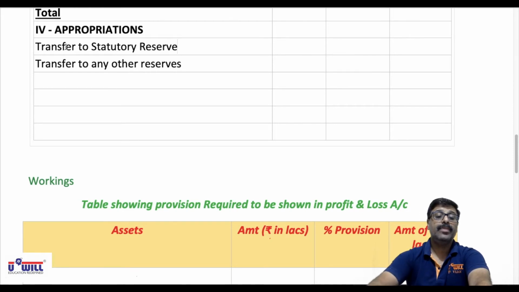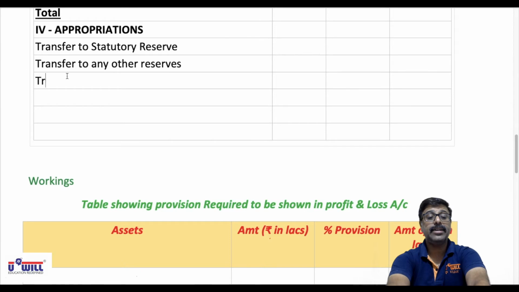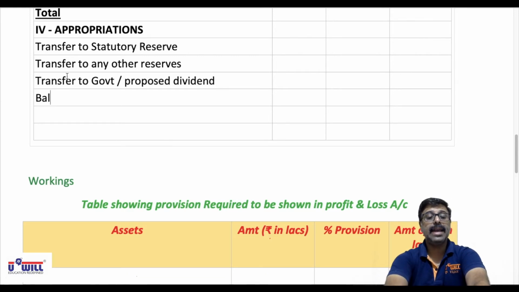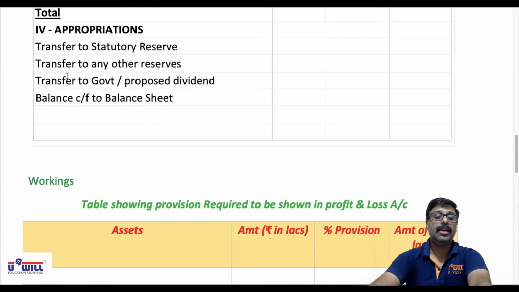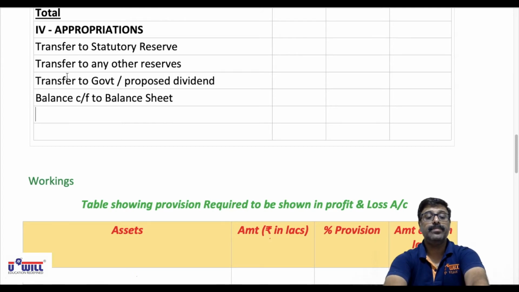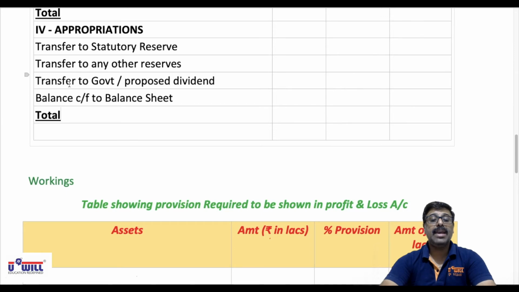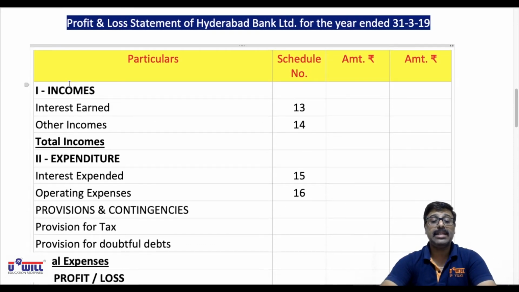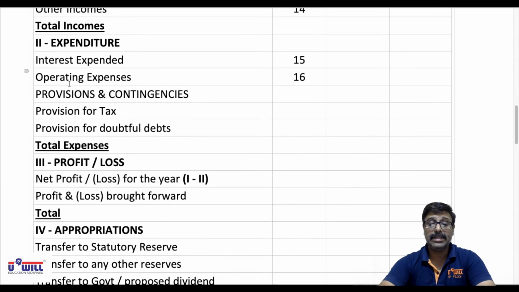Transfer to government or proposed dividend. Then balance carried forward to balance sheet. And then again total. So this is how we make the P&L statement. First, all of you are supposed to make the blank format of the P&L statement, putting the items in detail.